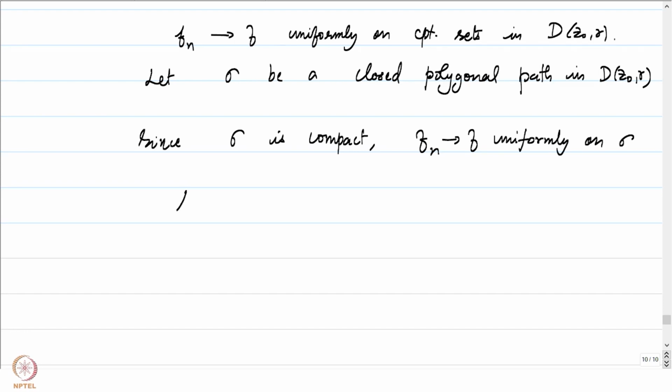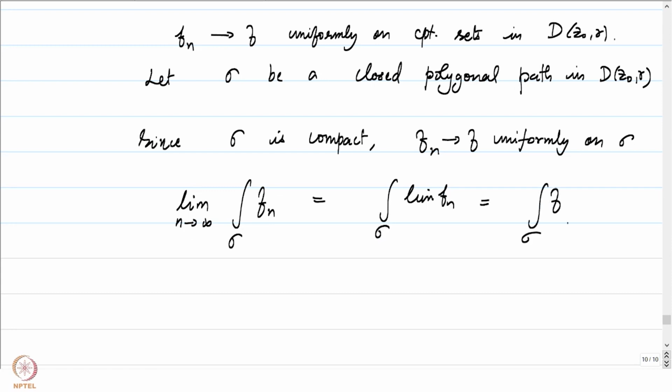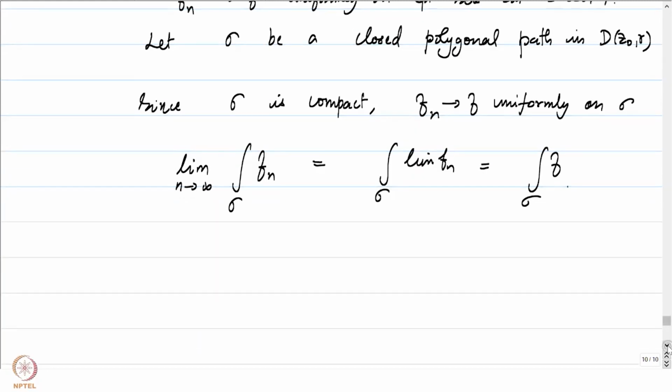And hence we can now interchange the limit: the limit as n goes to infinity of the integral of fn over sigma is going to be equal to the integral of the limit of fn over sigma, which is equal to the integral of f over sigma. But at each stage, this is 0 by using Cauchy's theorem, because sigma is a closed polygonal path in a disk of radius r around z0.